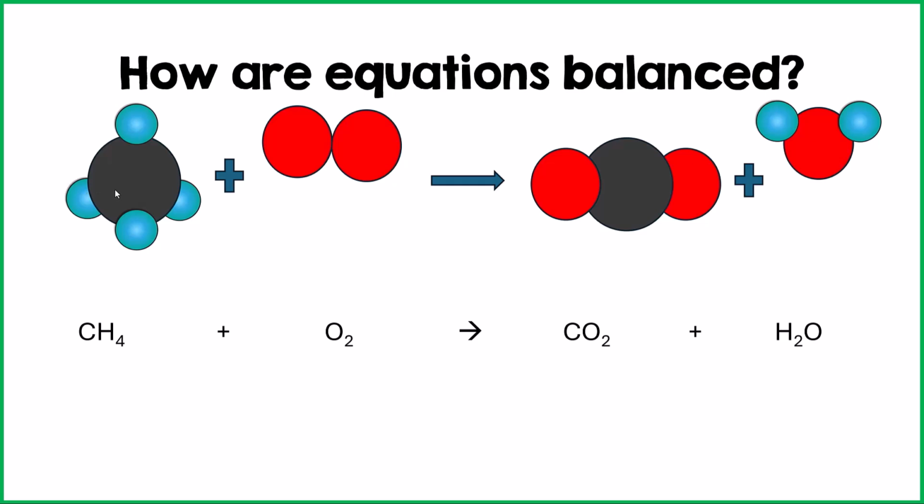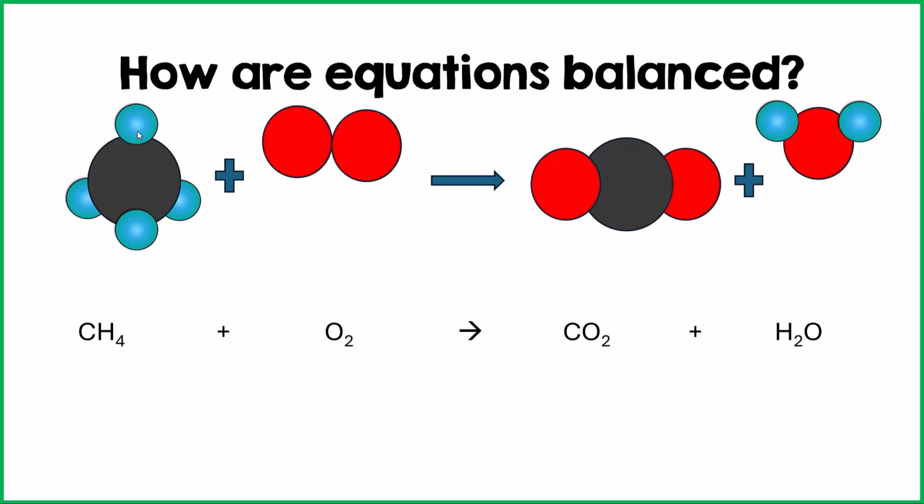So we start with carbon. There's 1 carbon atom on this side and 1 carbon atom on this side of the arrow, so that is balanced. No carbon atoms are appearing or disappearing at any point. There are 4 hydrogen atoms on this side of the equation, and there are 2 hydrogen atoms on this side.